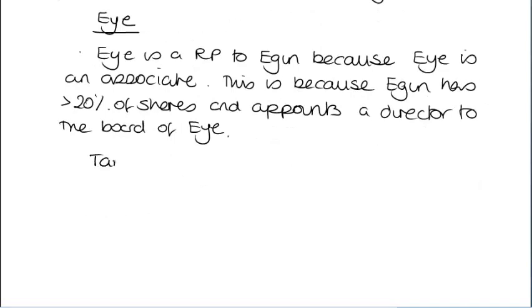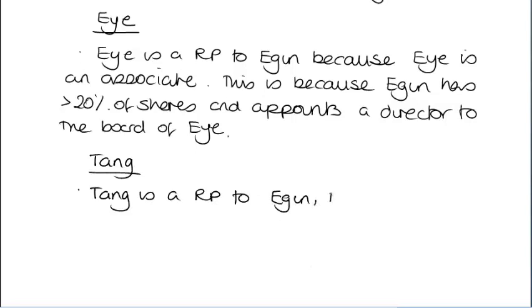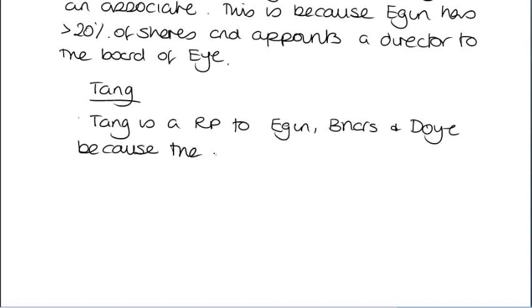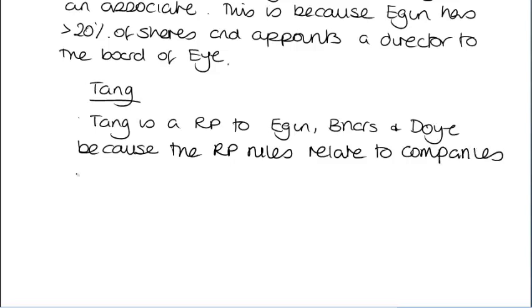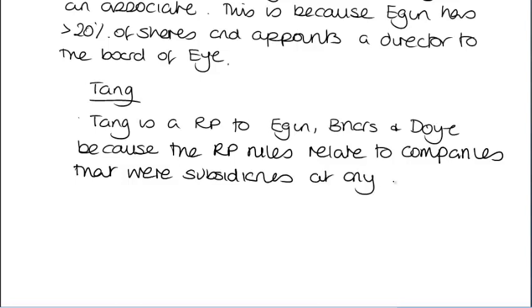So next I would look at Tang. Tang is a related party to Egin, Briars and Doyle because the related party rules relate to companies that were subsidiaries at any point in the year.